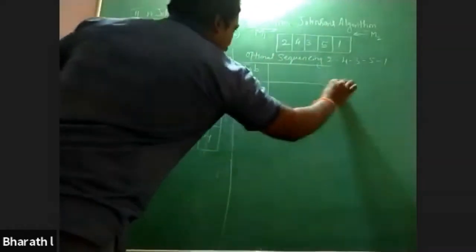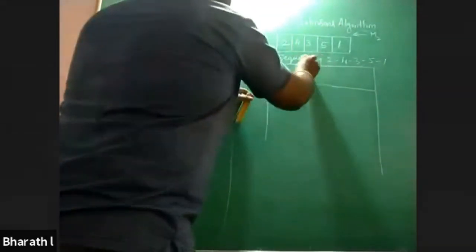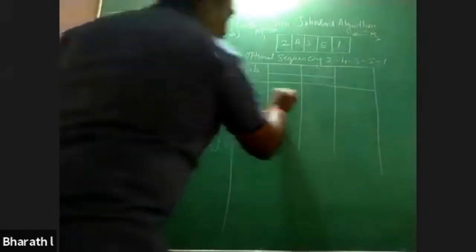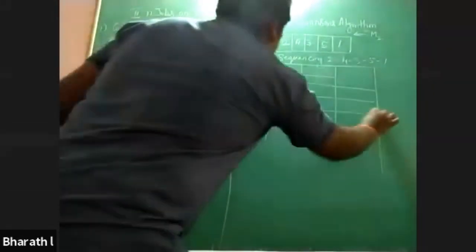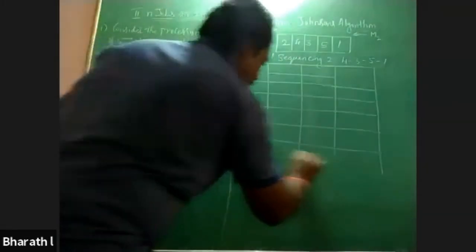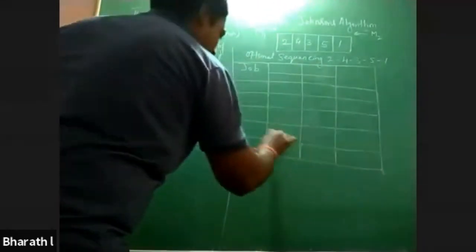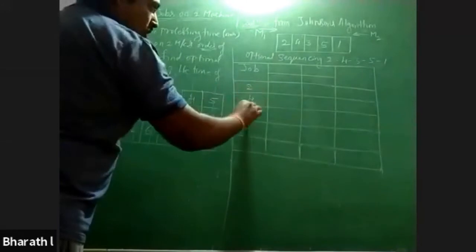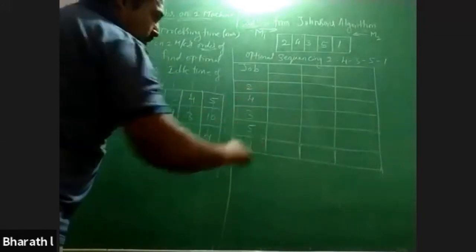Since there are 5 jobs given, we construct a table with jobs 1, 2, 3, 4, and 5, and the order of the sequencing, which we know is 2, 4, 3, 5, 1.